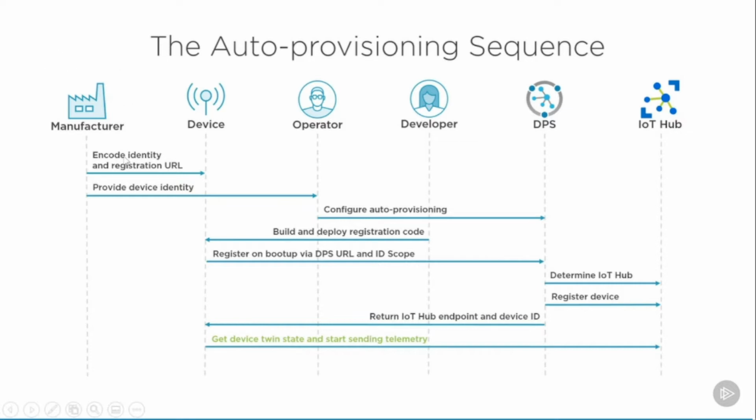The manufacturer is basically the company who manufactures the device, and at that time it creates a device ID, and that device ID is forwarded to the operator, who is registering that device, configuring that device with the DPS, and in the DPS we have our IoT hubs registered.